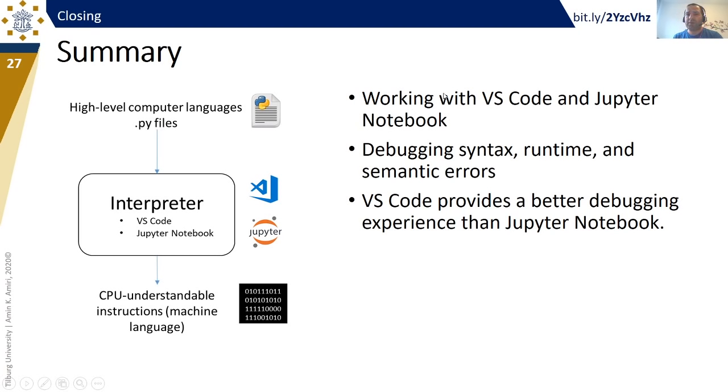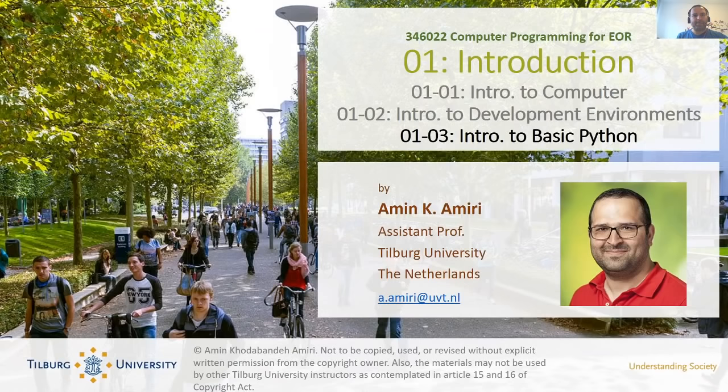We also learned how to work with VS Code or Jupyter Notebook. We learned how we can debug syntax, runtime, and semantic errors with them. We also found that VS Code provides a better debugging experience than Jupyter Notebook. So in the next video, I will introduce you to some basic Python commands.